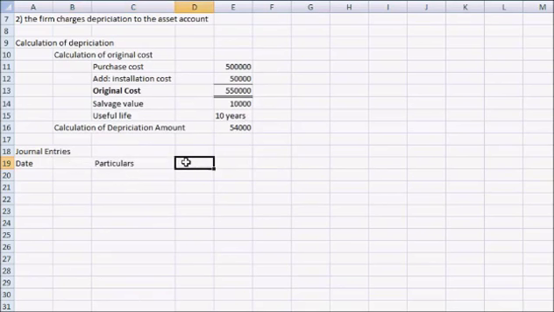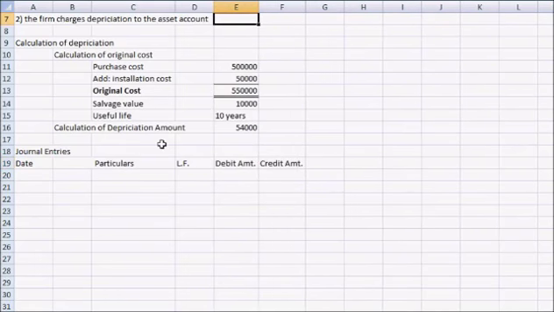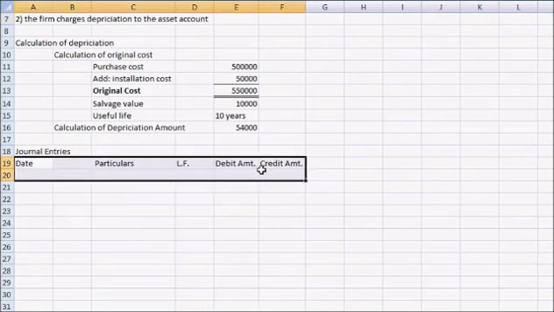Ledger folio. Debit amount. Here we write the debit amount, writing the short version of it. Then we write the credit amount. So we are done with our format. We have prepared the format.